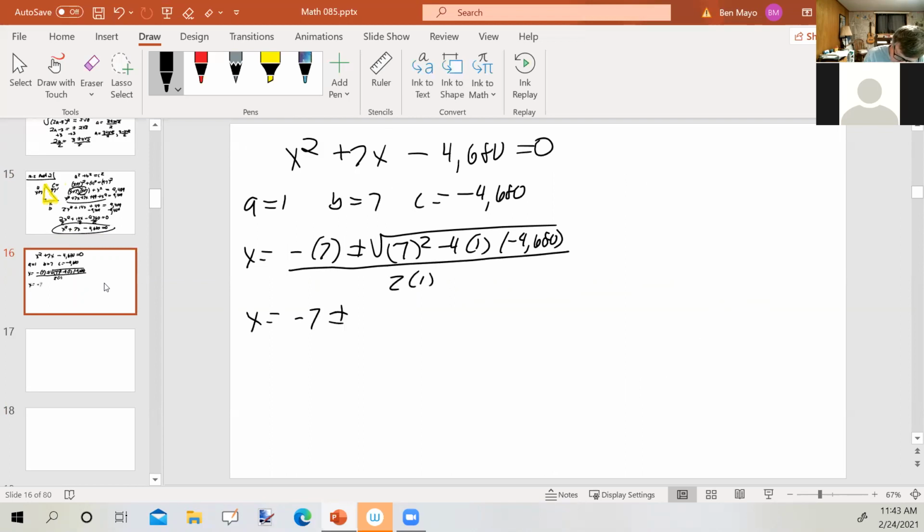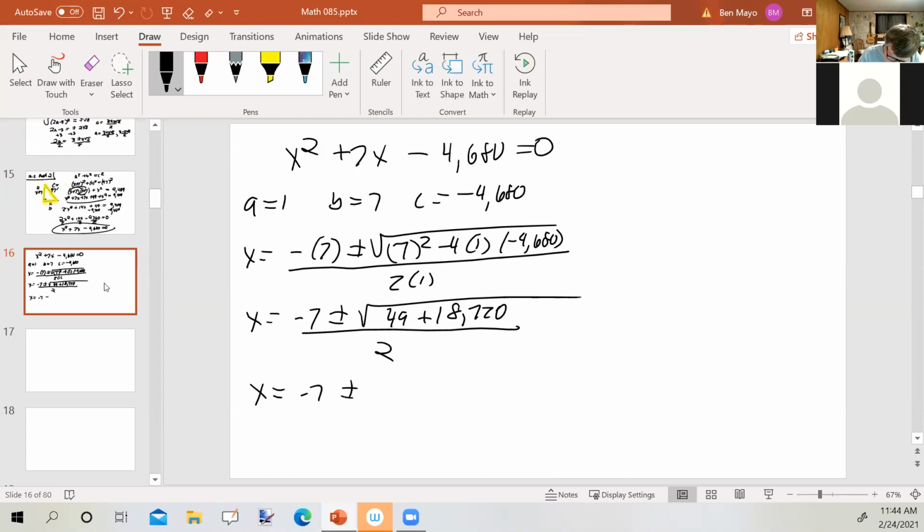X equals negative 7 plus or minus the square root of 49, minus 4 times 1 times negative 4,680, which gives us a positive 18,720, again all over 2. So then x is negative 7 plus or minus the square root of 18,720 plus 49, which is 18,769, all over 2.